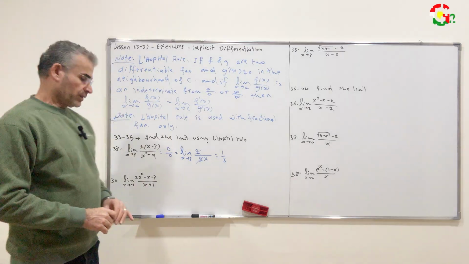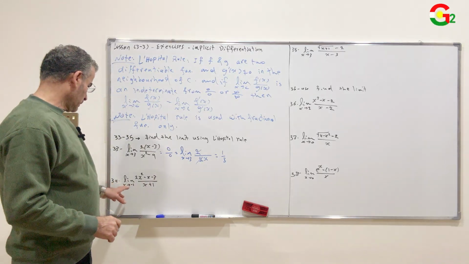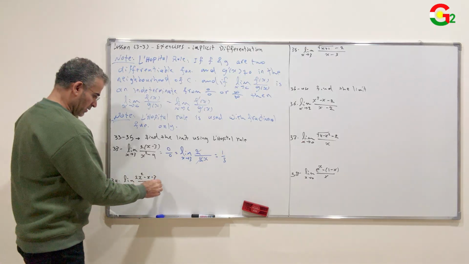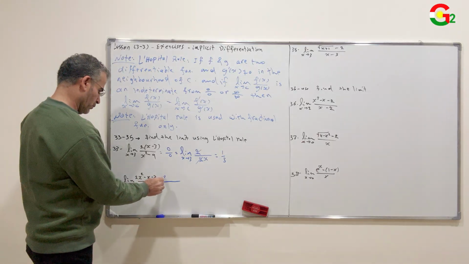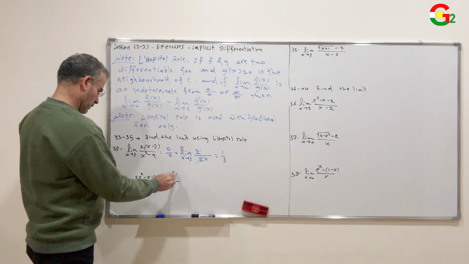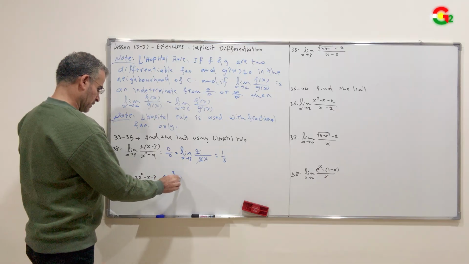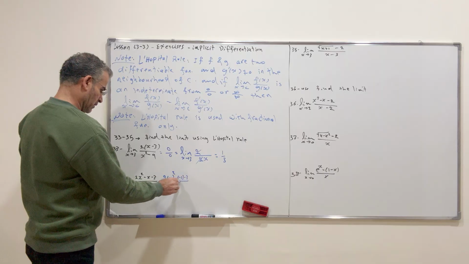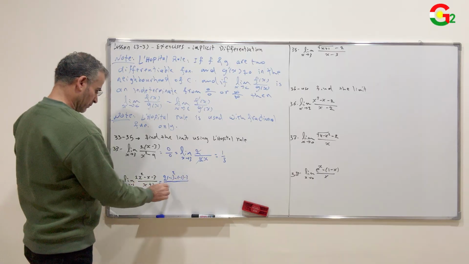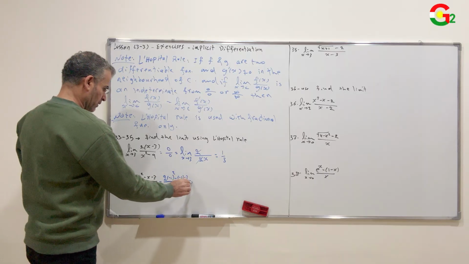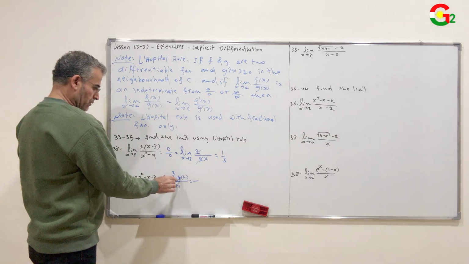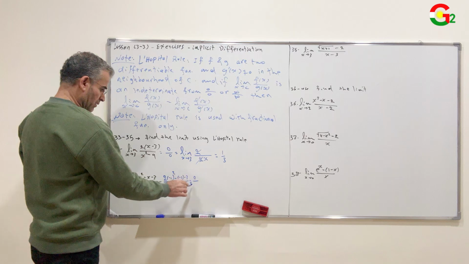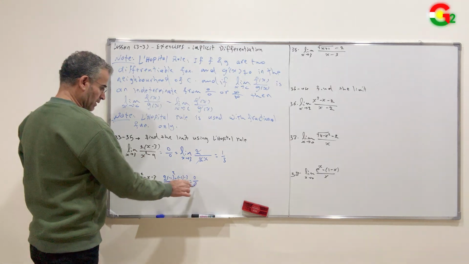Question number 34. Substitute every x with negative 1: 2 times negative 1 squared minus negative 1 minus 3 over negative 1 plus 1 equals 2 plus 1, 3 minus 3, 0 over negative 1 plus 1, 0.